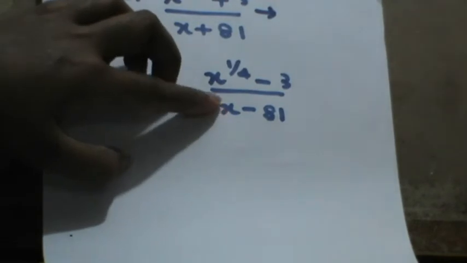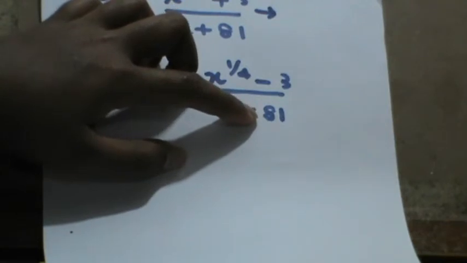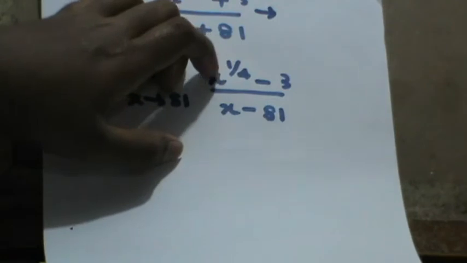Those are the conditions that we need in order to apply the theorem. If x is raised to a power of 1/4, we can write 81 as 3 to the power 4, and conversely 3 can be written as 81 to the power of 1/4. So in order to apply the theorem, we have to write 3 as 81 to the power 1/4.